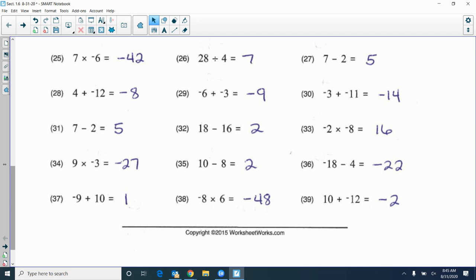Don't let that first sign in front of that number throw you off. That's just a form number.